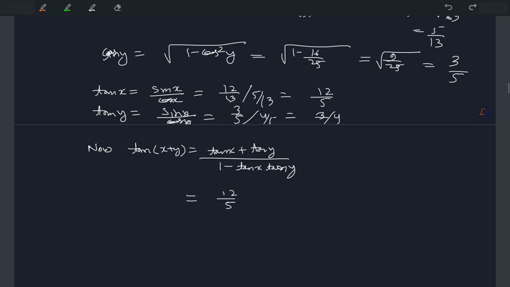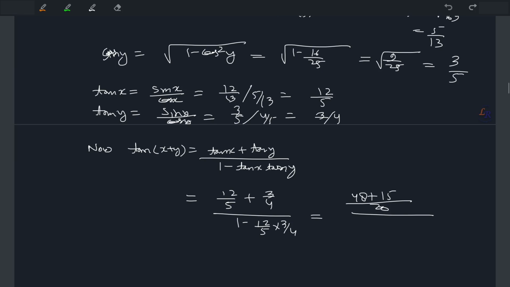So 12 by 5 plus 3 by 4 divided by 1 minus 12 by 5 into 3 by 4, and if you solve you will get 48 plus 15 over 20, and at the bottom 20 minus 36.